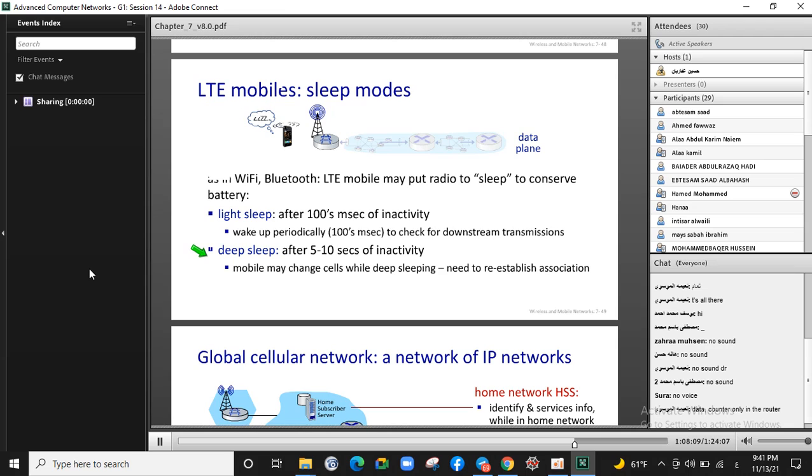For 5 to 10 seconds, my device is off, so it can save its power.